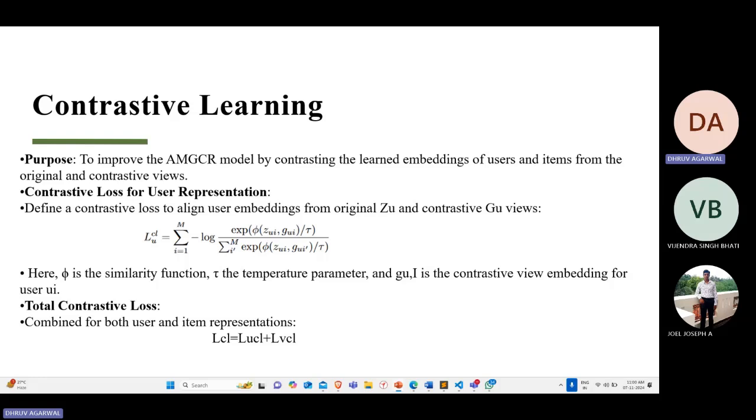The loss function is as follows: minus log exponential of this term divided by exponential of this term, where ZU is the original embedding and GU is the embedding we get from the contrastive learning layer, and phi is the similarity function, tau is the temperature parameter, and GUi is the contrastive view embedding for user Ui. Similarly, we can get LVCL, and if we combine LUCL from this formula and LVCL, we will get the LCL, that is the combined loss in the contrastive layer.